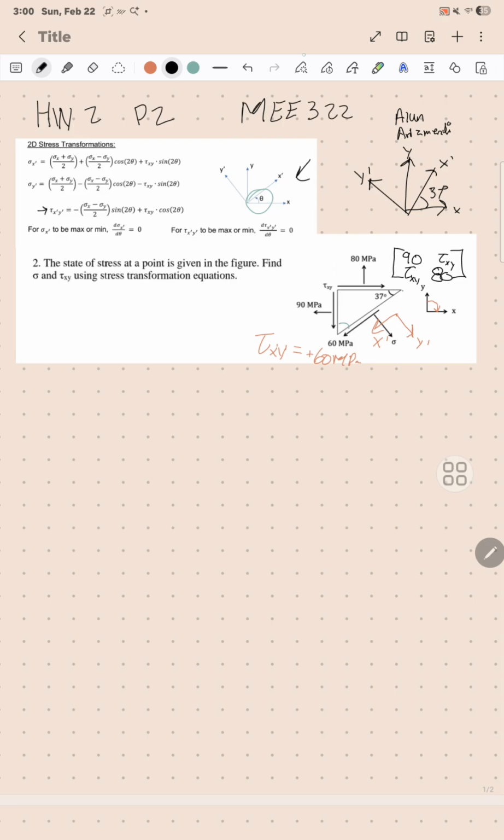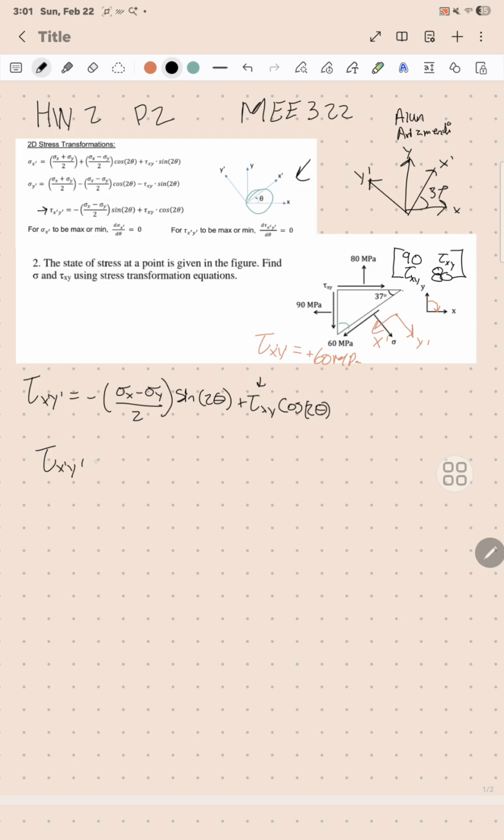So the first thing that I'm going to do is I'm going to try to find that tau xy, and I'm going to be doing that by using this formula over here. Cool. So we're going to be using tau x'y' is equal to negative sigma x minus sigma y over 2 sine of 2 theta plus tau xy cosine of 2 theta. And I'm solving for this guy, so I'm gonna end up with tau xy.